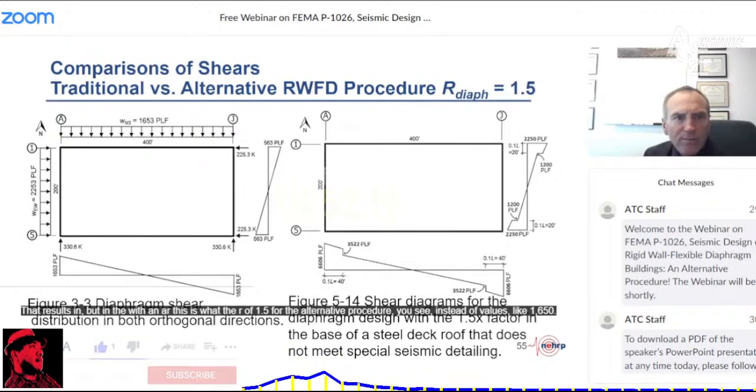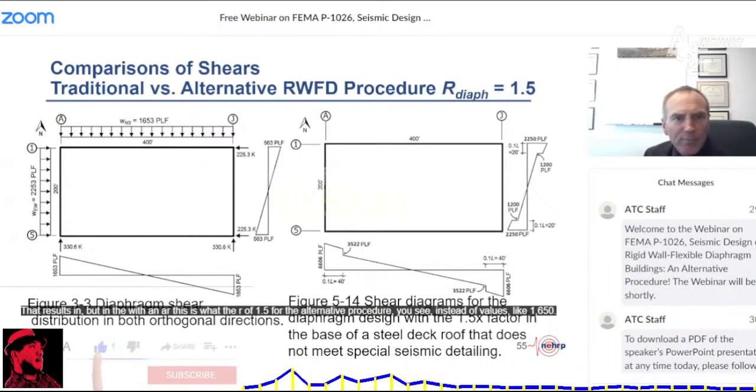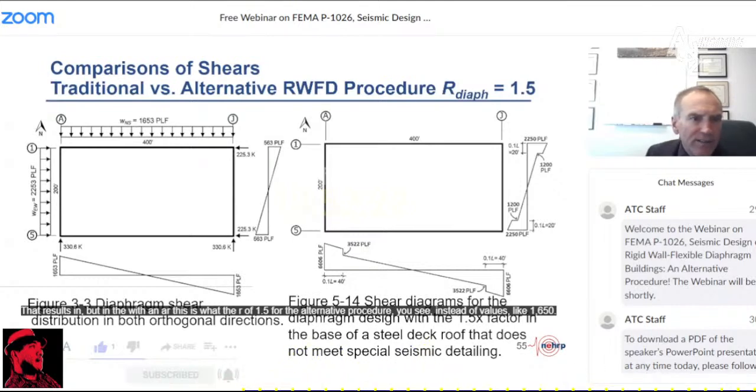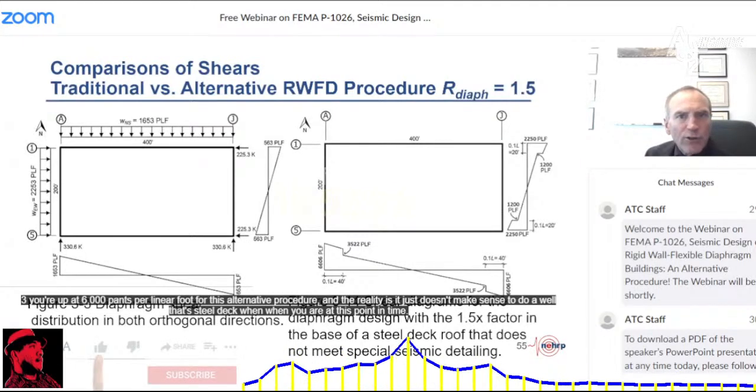But with an R of 1.5 for the alternative procedure, instead of values like 1653, you're up at 6,000 pounds per linear foot.